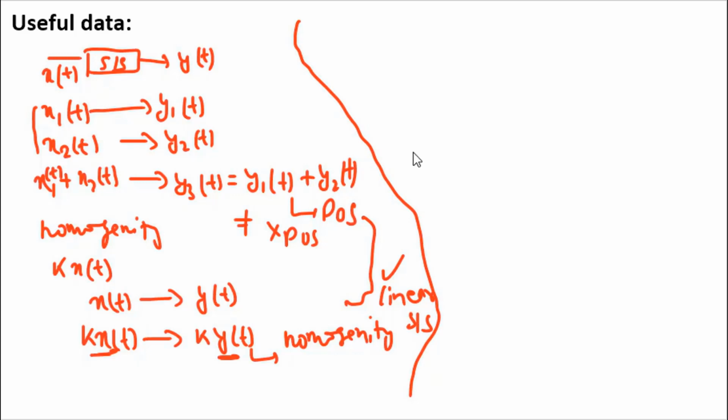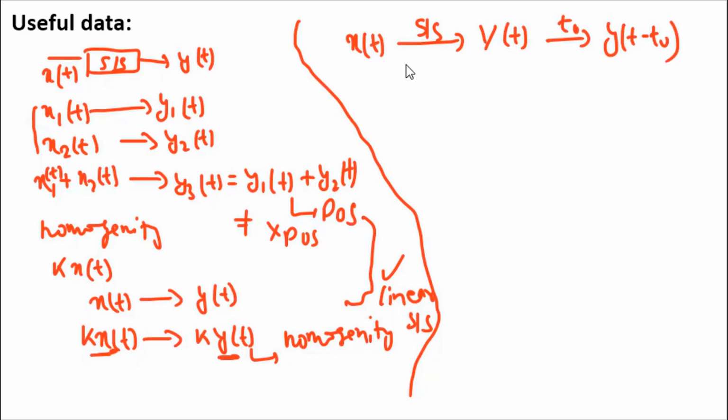Now coming to time variant and time invariant. Suppose you are given a signal x of t and you pass this signal through the system and you get the output y of t. Now after that you delay this by an amount t naught and you get y of t minus t naught. This is the first case. In the second case, you take the signal x of t, you first delay it by t naught and it becomes x of t minus t naught.